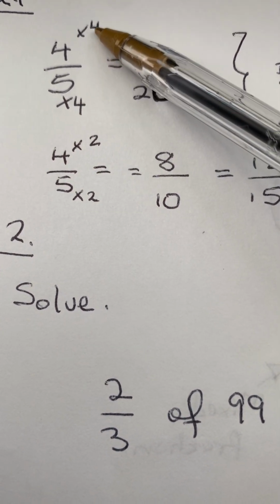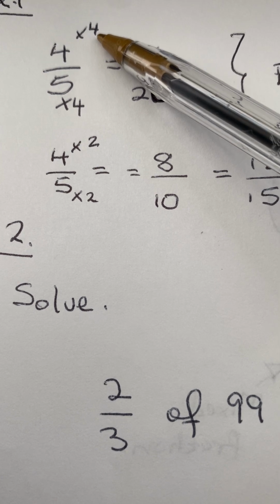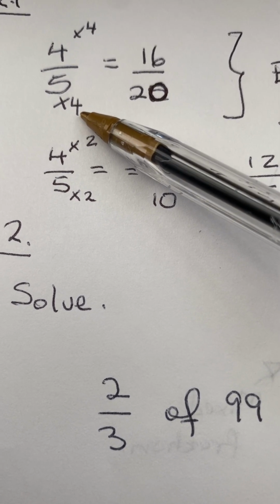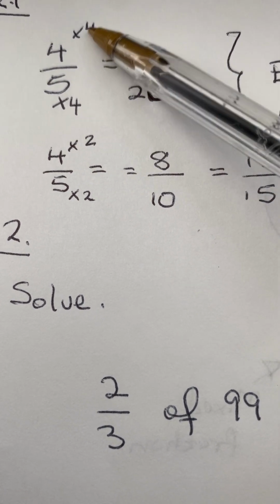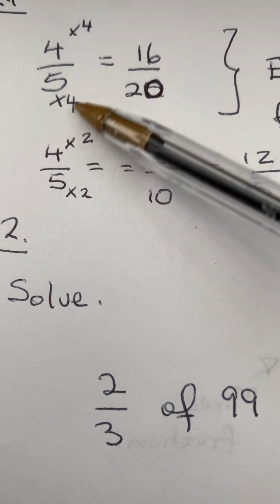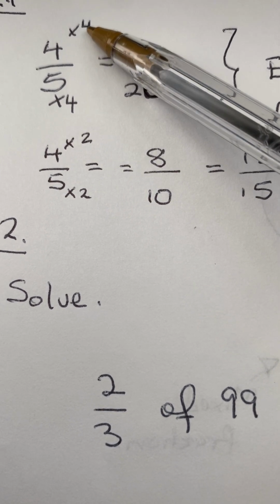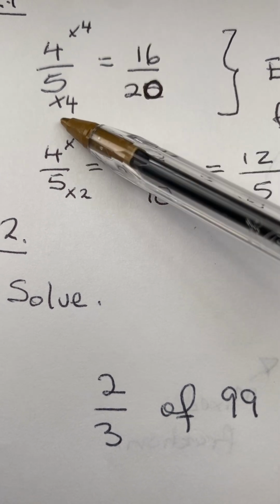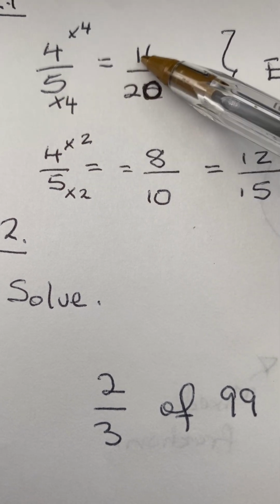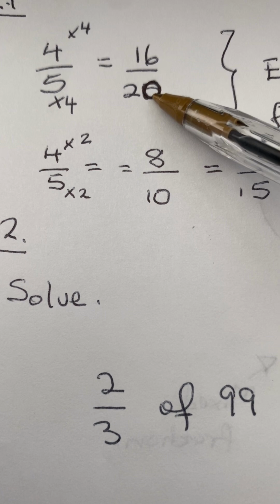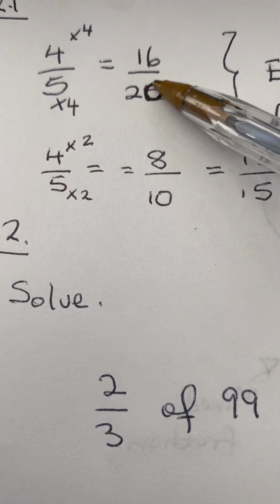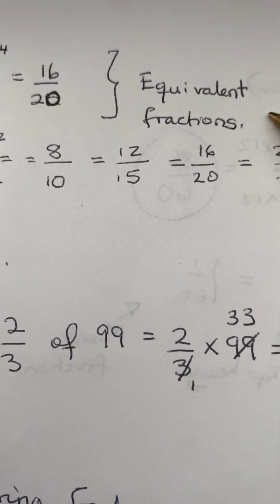Whatever you do to the top, you have to do down. So I'm multiplying both the numerator and denominator by 4. So 4/5 becomes 16/20. These two fractions are equivalent fractions.